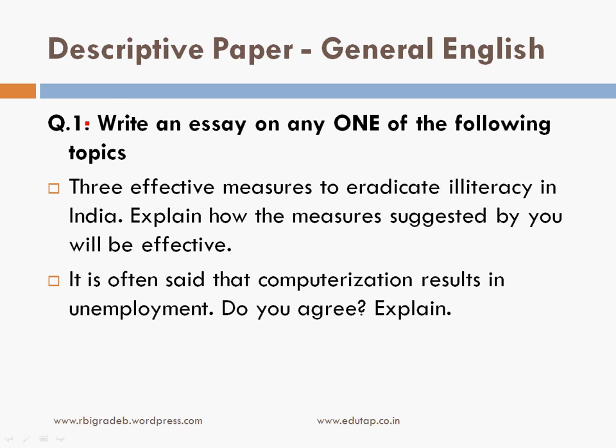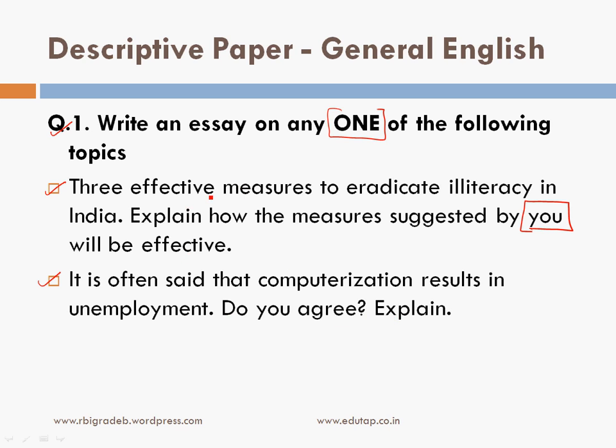So this is the first question, on essay. You have to write an essay on any one of the following topics, just one. The first topic is: three effective measures to eradicate illiteracy in India. Explain how the measures suggested by you will be effective. The second topic is: it is often said that computerization results in unemployment. Do you agree? Explain. Both these essay topics are asking for your opinion.